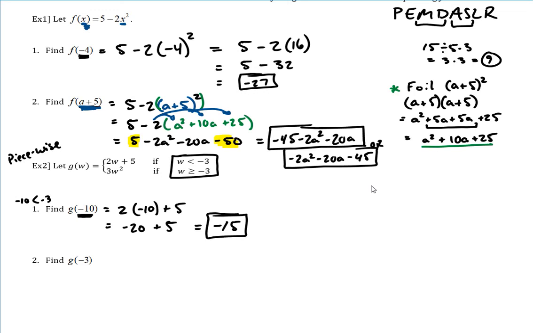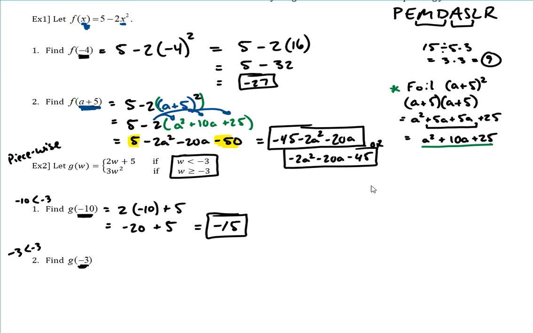Now, in the second one here, find g of negative 3. All right, well, just like before, I want to look at these inequalities before I choose a piece. So if I were to try the first one, well, negative 3 is not less than negative 3. Negative 3 is equal to negative 3. So this is not true. So that means don't use the first piece. We want to use the piece where our inequality is true.